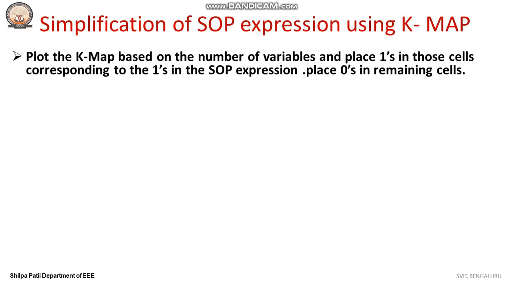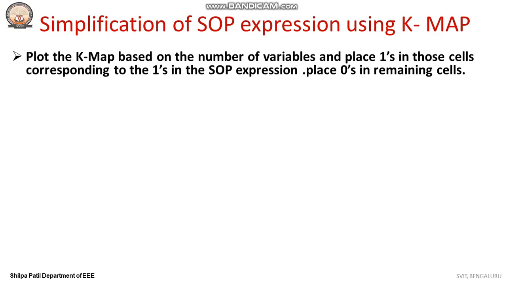Then you have to place ones in those cells corresponding to the ones in an SOP expression. Sometimes they will give you a truth table or sometimes an expression. Based on the truth table or expression, you fill the ones in the corresponding cells. Then in the remaining cells, you place the zeros.